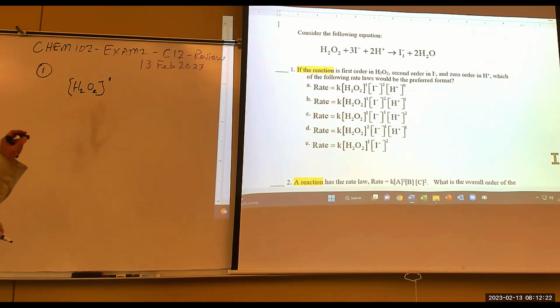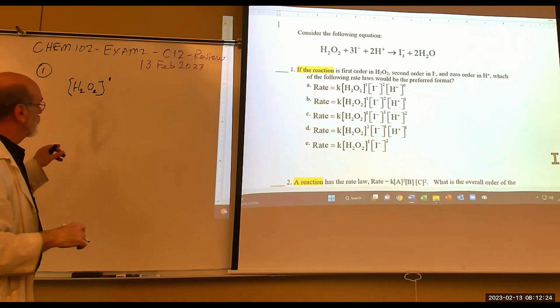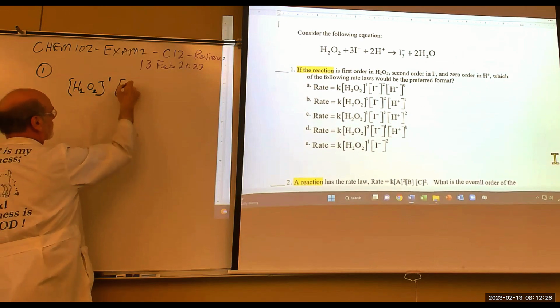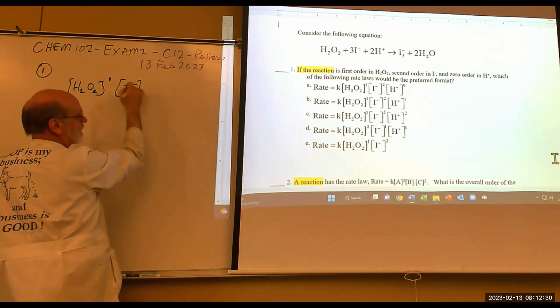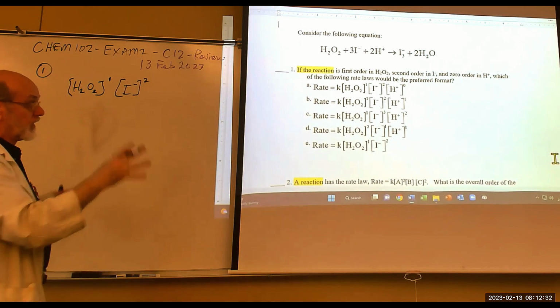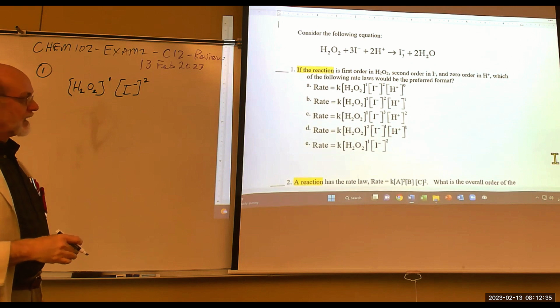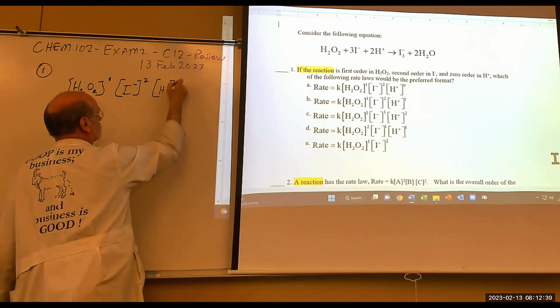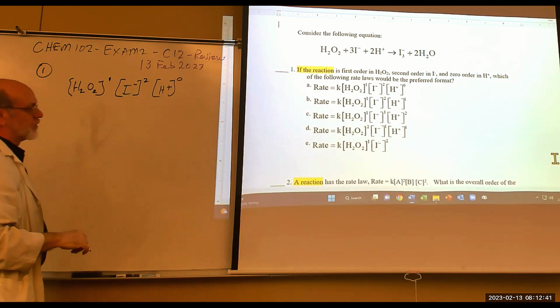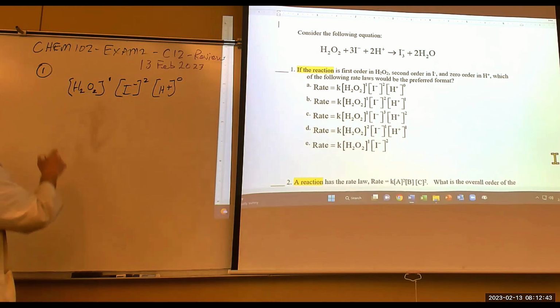We're given that. Second order in I. So the concentration of I, which is an ion, is second order. We're told that. And zero order in protons. So what does the rest of the rate law look like?